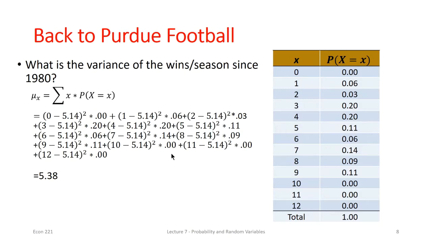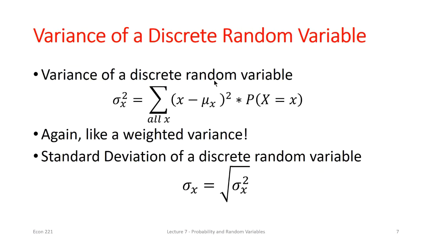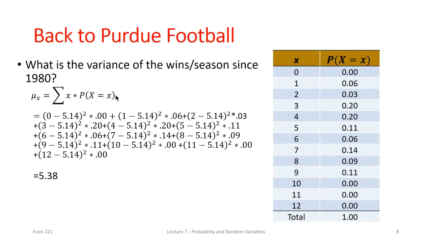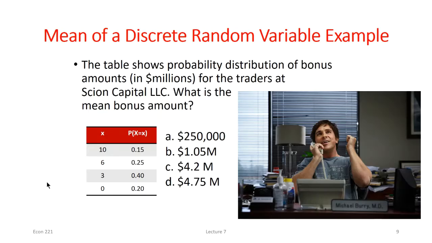All right? So really this is nothing new. It's just a different spin on old things that we've talked about. It's a weighted variance where it almost becomes simplified because the weights are probabilities. So we first had to find the mean of 5.14, but then we're using our weighted variance equation. The denominator is easy here too because the sum of our weights will always be 1. So we get some value. If we want to find the standard deviation, we would take the square root of this.